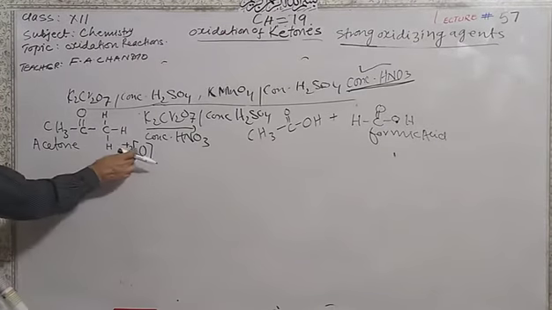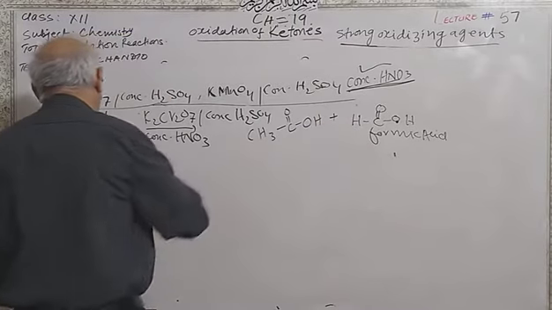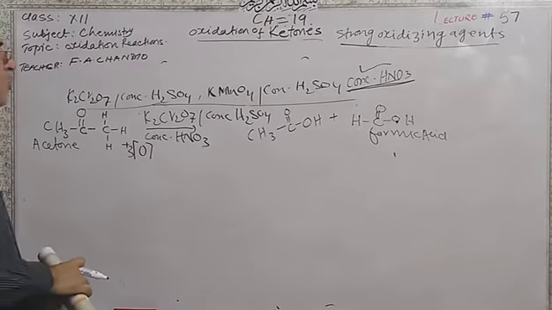So you can see that the remaining two oxygen atoms are here and two hydrogens with the carbon. One hydrogen will come here and this oxygen makes a carbonyl group, and the second oxygen reacts with the hydrogen to make formic acid.